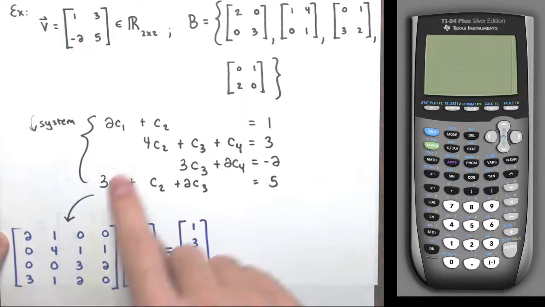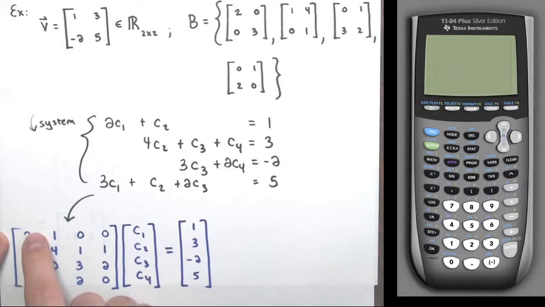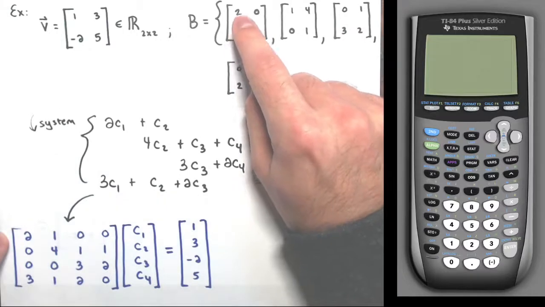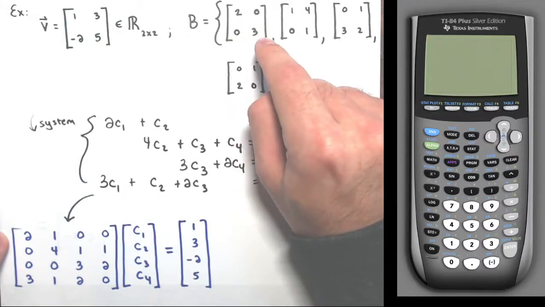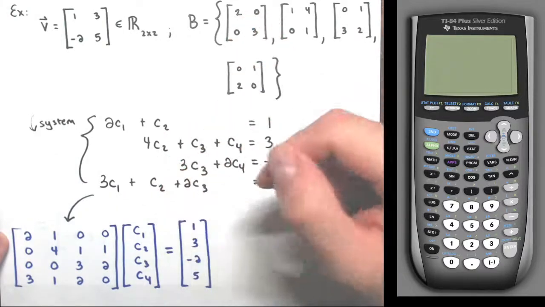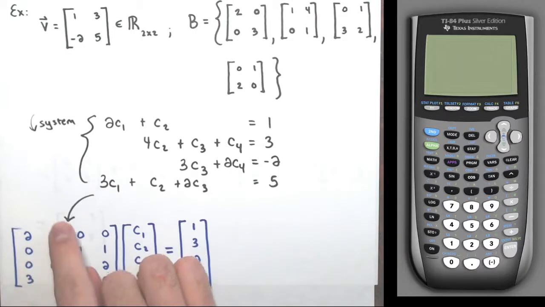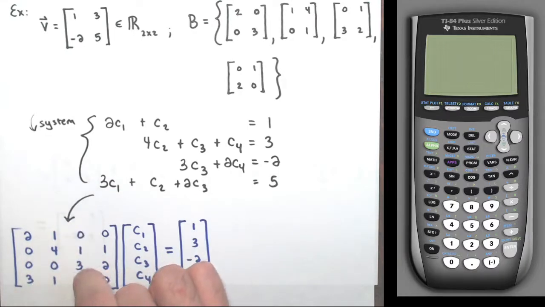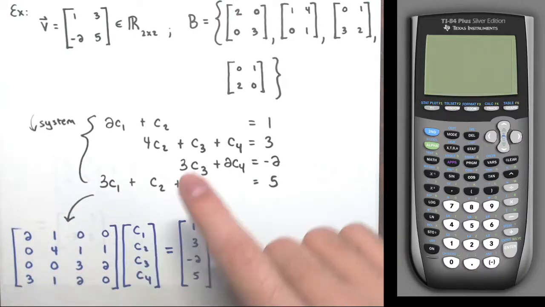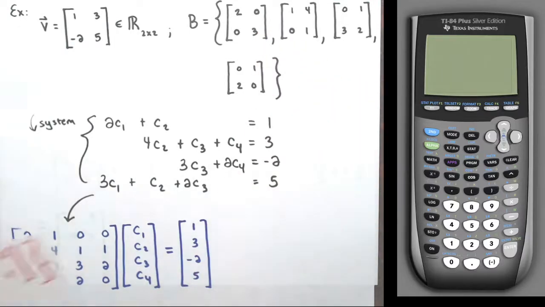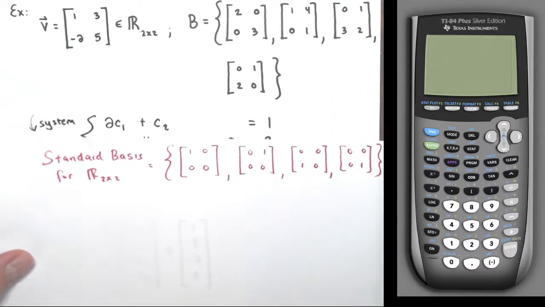But look at the entries 2, 0, 0, 3, and look at the entries of the matrix, 2, 0, 0, 3, when I go in the order that I wrote the equations in. In fact, what these numbers are, they are the coordinates of these vectors with respect to the standard basis.